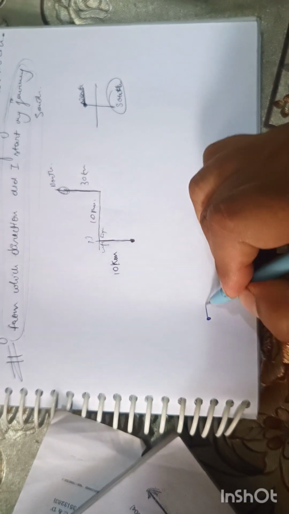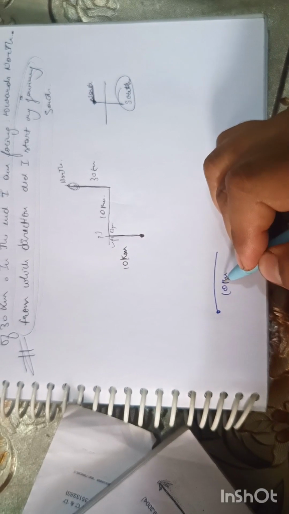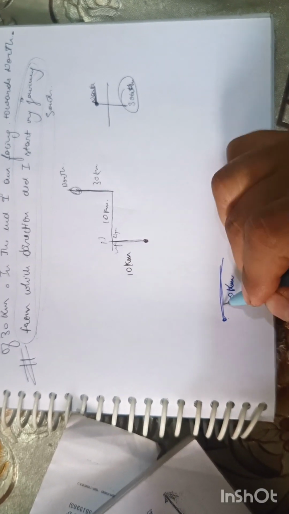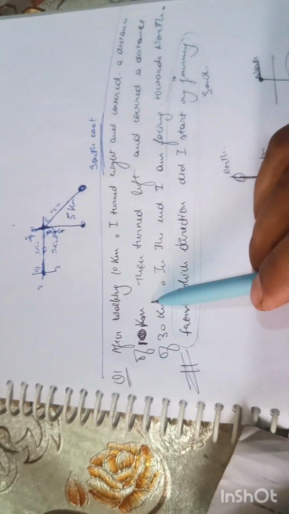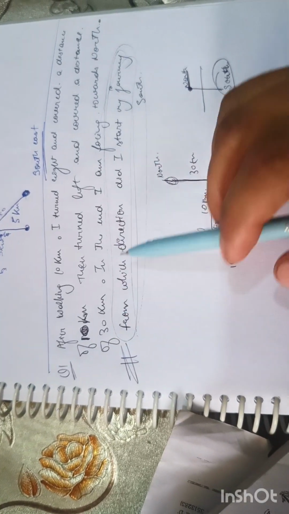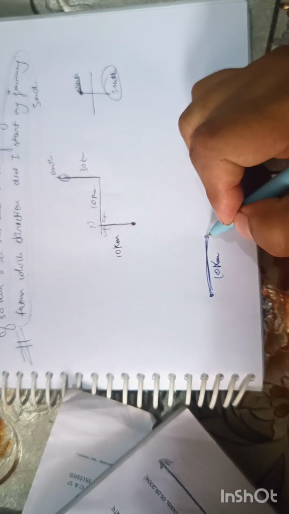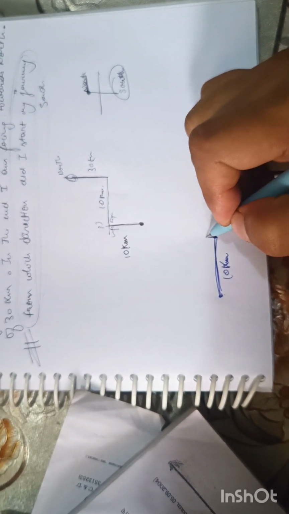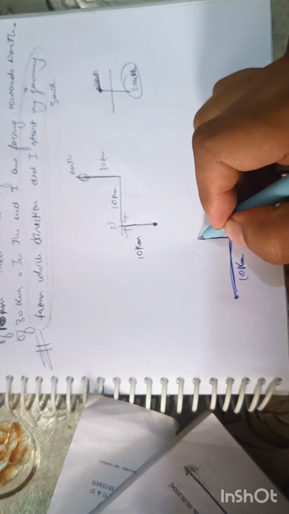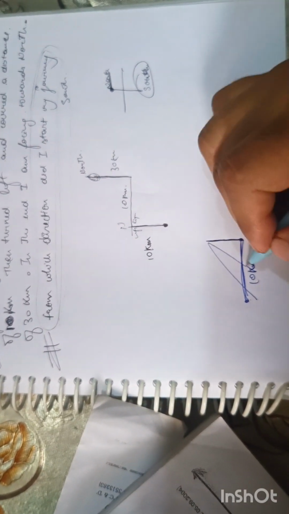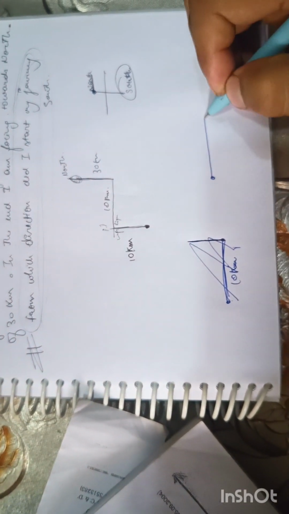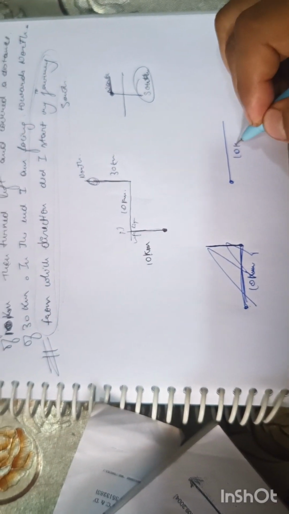अब ऐसे ही एक बार हम दूसरी डायरेक्शन से करते हैं. 10 किलोमीटर स्टार्ट किया डिस्टेंस कहीं से भी, ठीक है। उसके बाद कवर डिस्टेंस 10 किलोमीटर, देन टर्न लेफ्ट एंड कवर डिस्टेंस ऑफ 30 किलोमीटर। 10 kilometer.